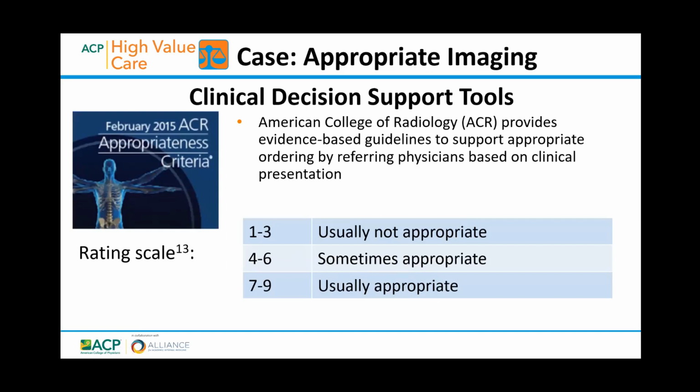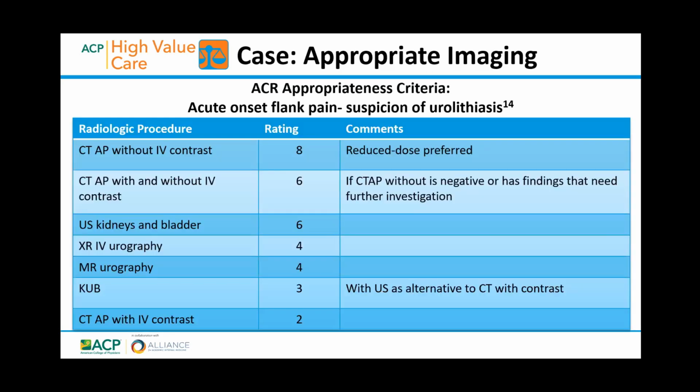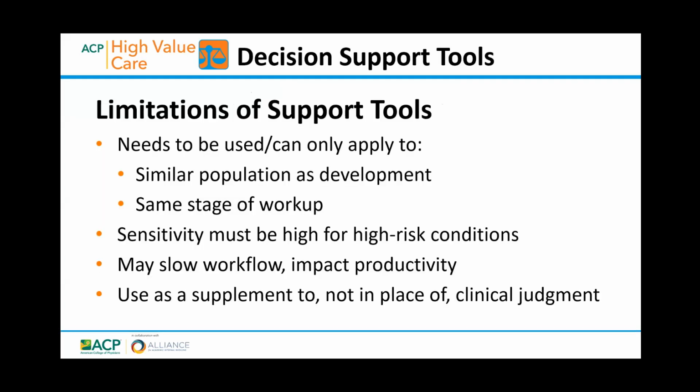That's the appropriateness criteria put out by the American College of Radiology. If we're thinking about a patient who could have a UTI or kidney stone, the best test that we know about for the kidney stone is the CT abdomen pelvis without IV contrast.